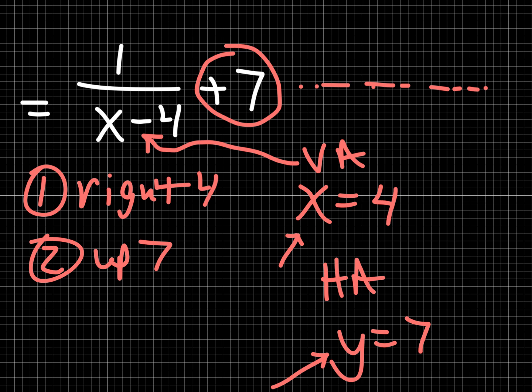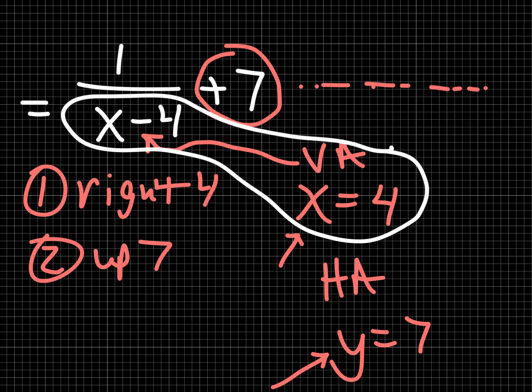Those are the main things you have to know from this: which way it moves, right and left and up and down, and which one's vertical. The one on the bottom is the vertical. The horizontal one is the one that's out here.